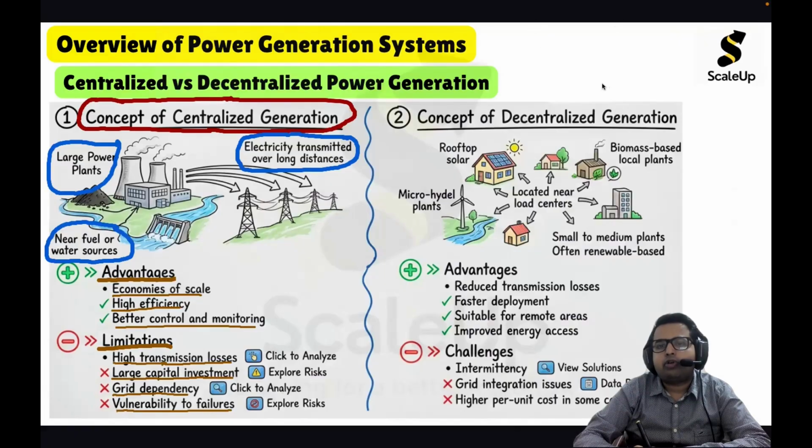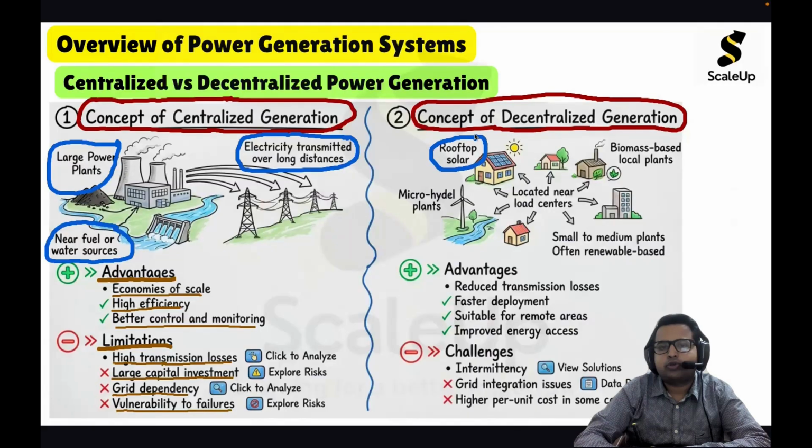Now, if we talk about the concept of decentralized power generation, we have something like rooftop solar. Here, a single house is able to generate electric power, or a micro hydel plant near a very small water source can generate electricity. The main feature of decentralized generation is that it is located near load centers.